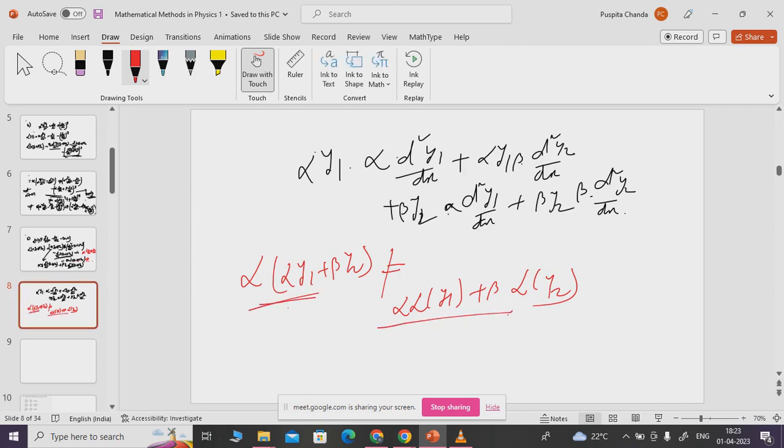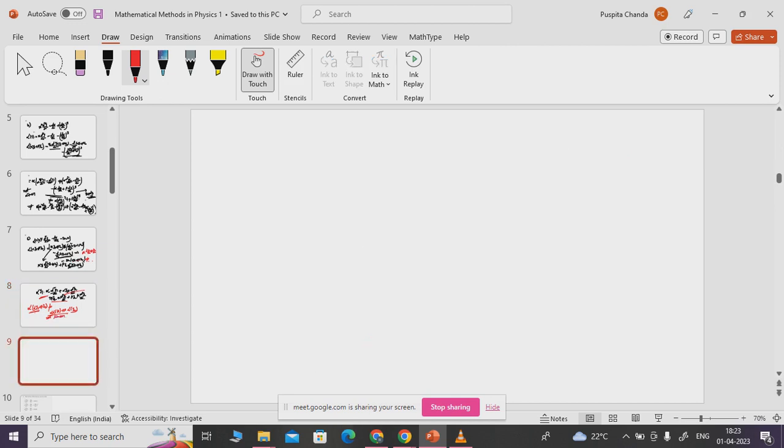This has more terms than this. It has extra terms, this and this. Even this term contains alpha square. It should not contain alpha square. So it is not linear.